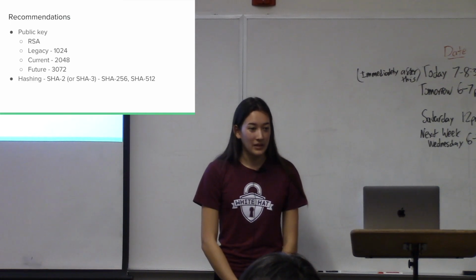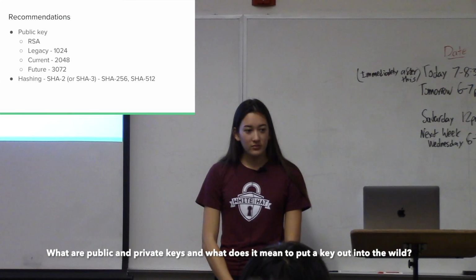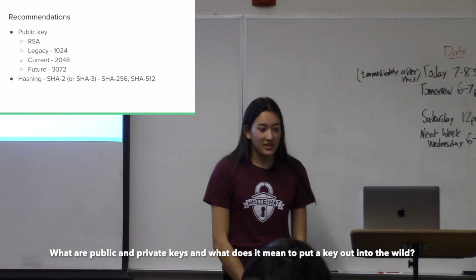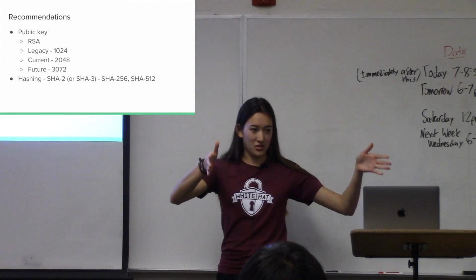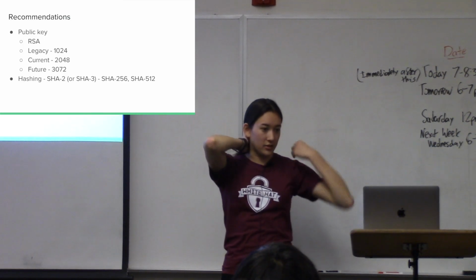I was just wondering what really is a public key and a private key, and what does it mean to put a key out into the wild? So it's literally just a string of bits. It's just a number that you put out into the wild.